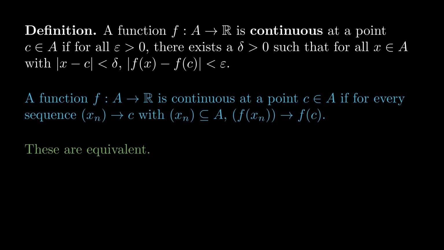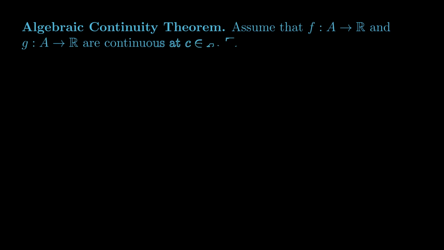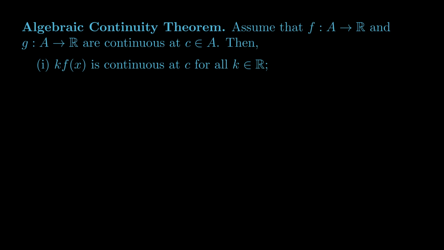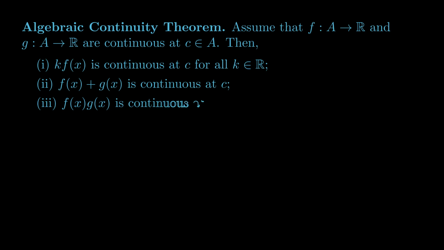Let's prove that combining continuous functions preserves continuity. So we could state the algebraic continuity theorem. Let's assume that f and g from A to R are continuous at some point c in A. Then k times f of x is continuous at c for all k in R. f of x plus g of x is continuous at c. f of x times g of x is continuous at c.